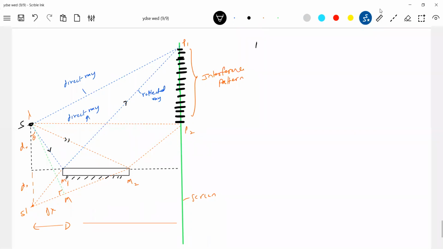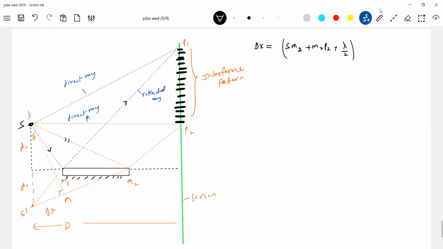Path difference, I'll write the equation. This will be equal to SM2 plus M2P2, then plus lambda by 2. Why lambda by 2? Because it will undergo phase change of pi radian.